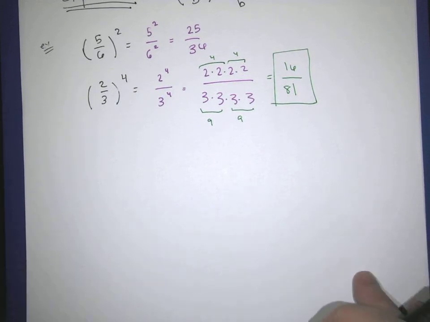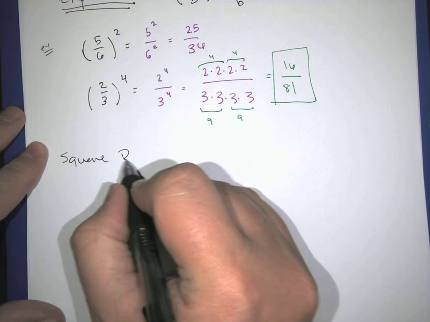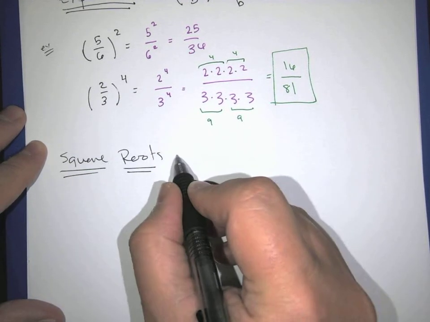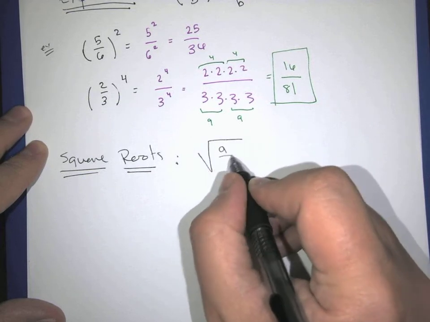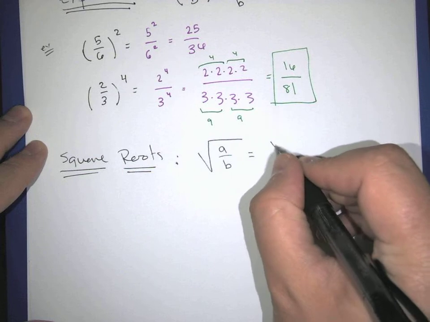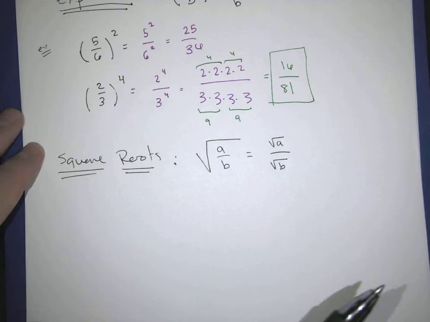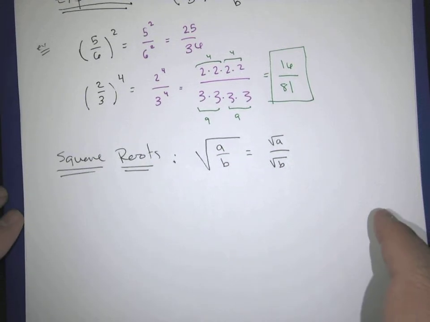For roots, we'll just do square roots, but in theory, this applies to any type of root. We have a similar kind of thing. If I take a root of a fraction, essentially the square root will distribute. So I have the root of a over the root of b. So I can just take the root over the root.